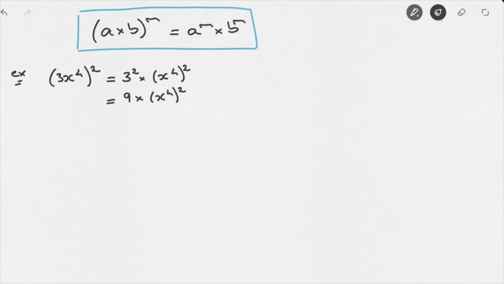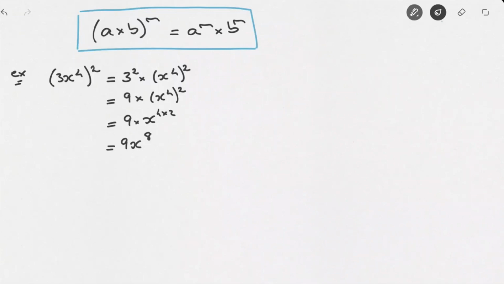But now, for x to the power of 4 raised to the power of 2, we can use the laws of exponents we've already seen to write the following. This equals 9 times x to the power of 4 times 2. Finally, we can write the final answer, which should be 9x to the power of 8.